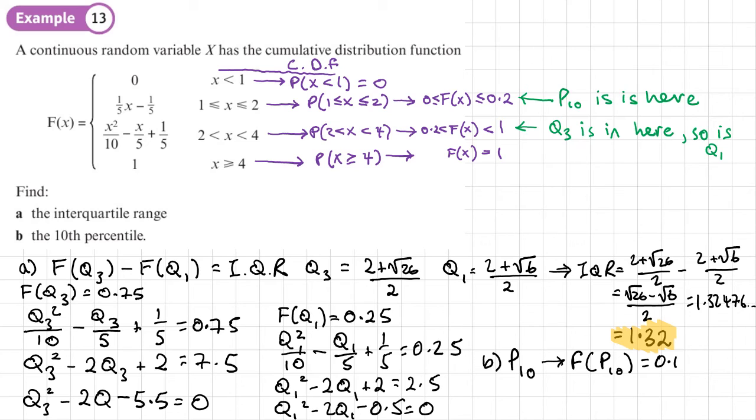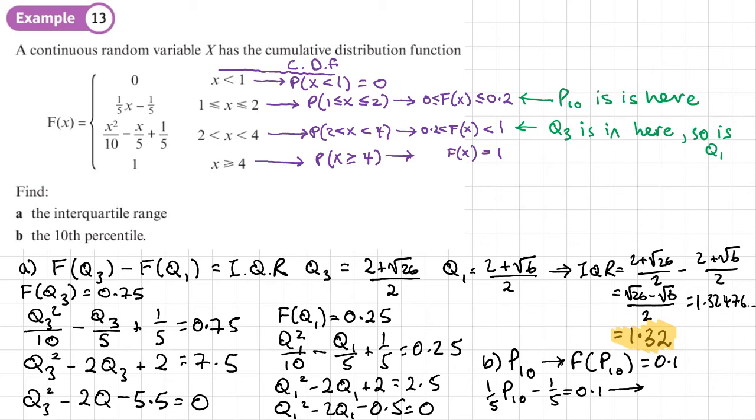So now it's just a matter of using that equation, 1/5 x minus a fifth, using the right notation. So it'll be 1/5 P10 minus 1/5 equals 0.1, and that's going to be easy enough to solve.